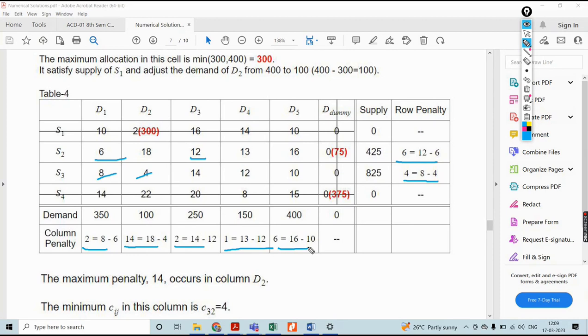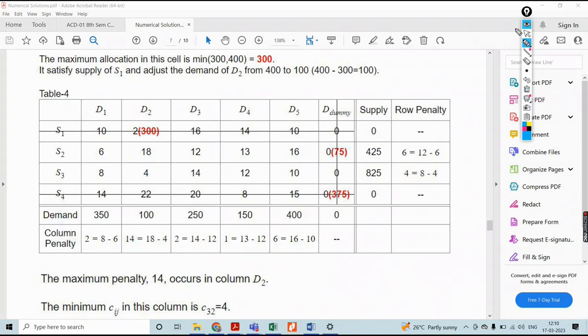For that column, you have to allocate. In this column, which is the least value of the cost? 4 is the least value. For this, you have to allocate. Getting my point?